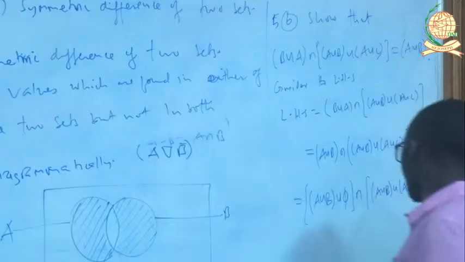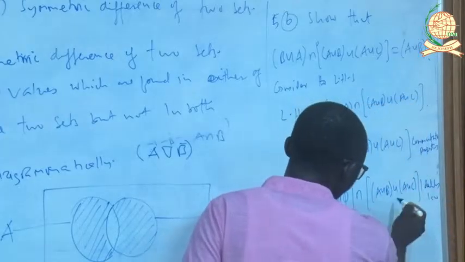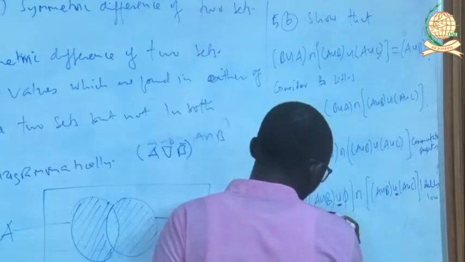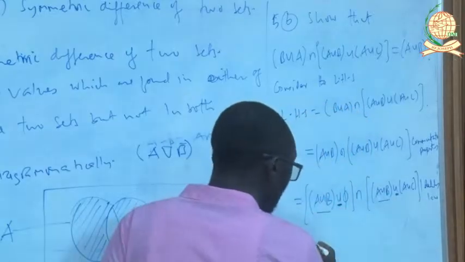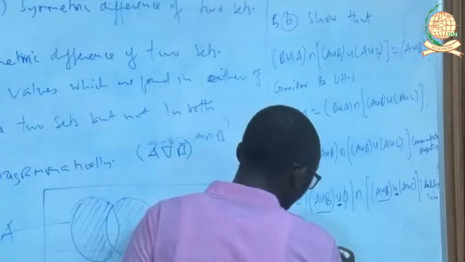So from here you can see there is this union operation here and here. So you can factor out A union B outside.